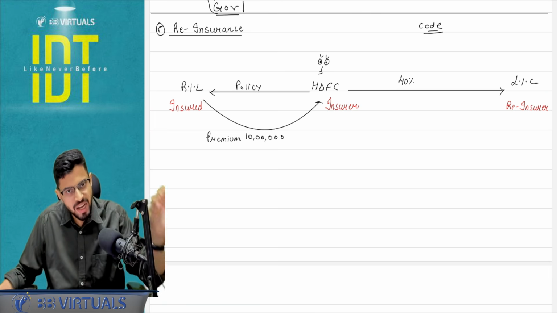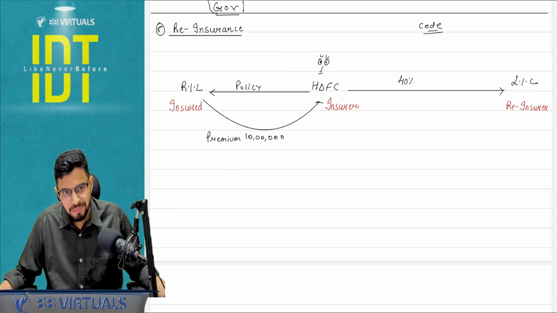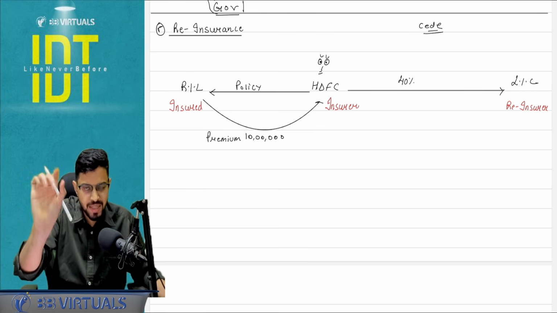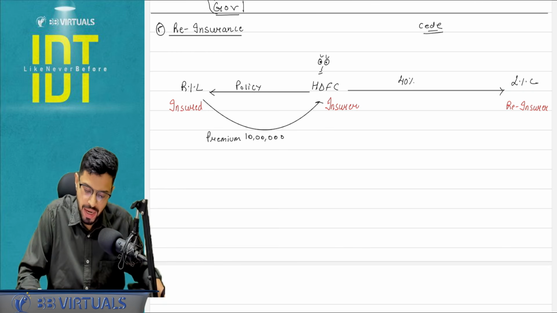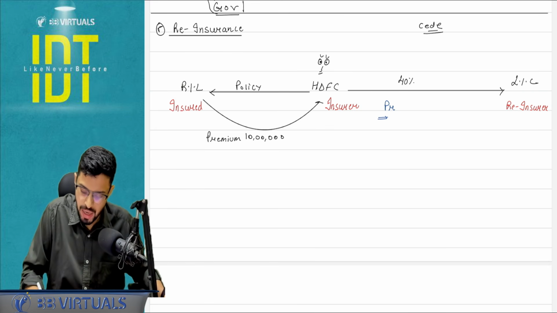Now HDFC will transfer 4 lakh to LIC. LIC will raise the invoice. Reinsurance premium you have to pay us. 40% premium needs to be paid.